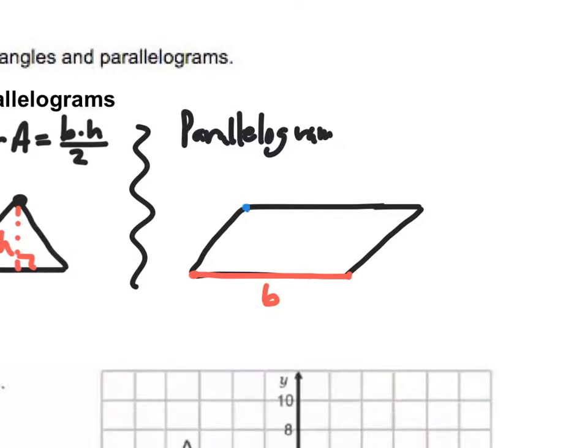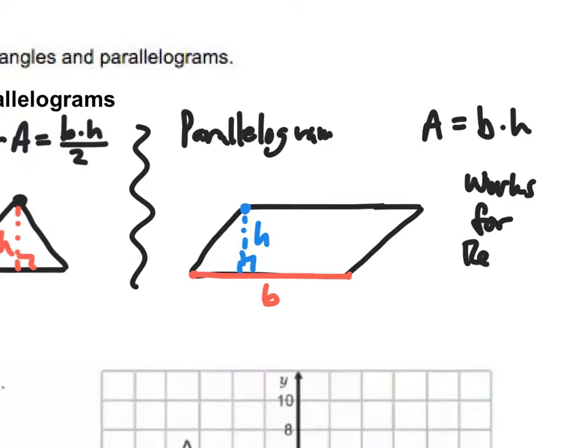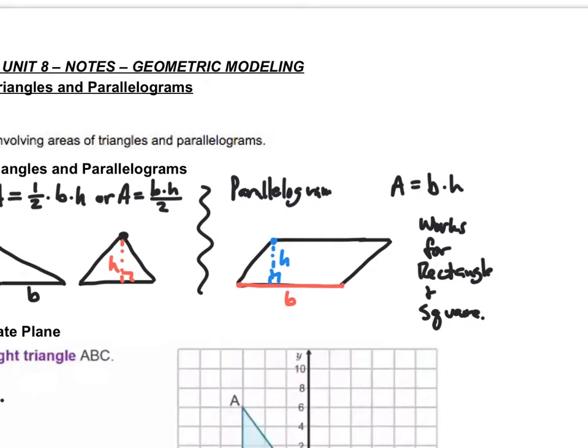And then the distance from this point here down to the bottom, that makes a right angle, is my height. So the formula for a parallelogram is the area is equal to the base times height. Now this also works for a rectangle and a square. We'll look at other parallelograms later on.